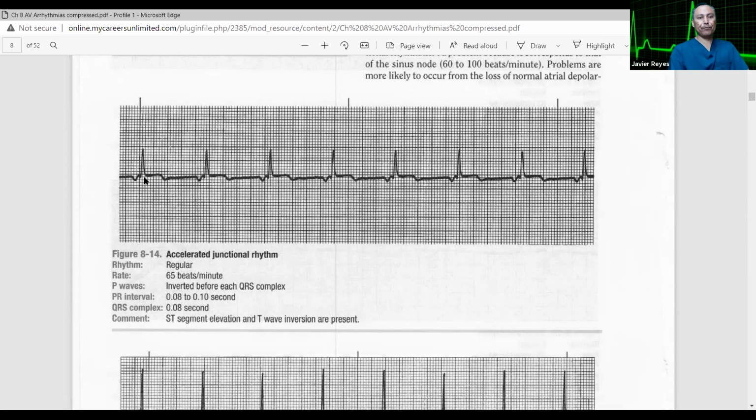We have ST elevation with T wave inversion. If you look at this peak, what does it look like? Just the QRS and this part.